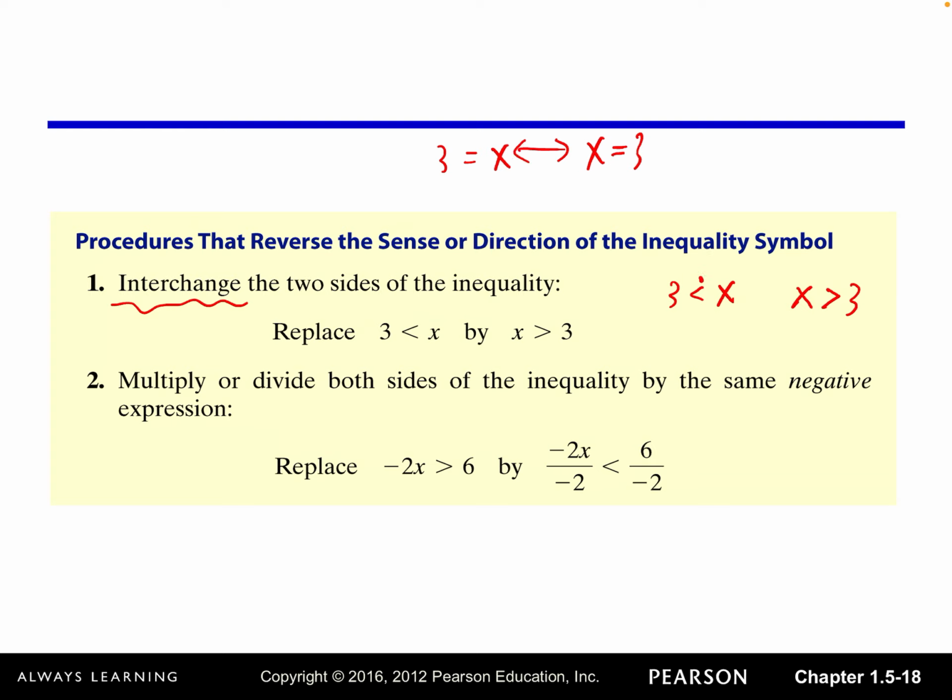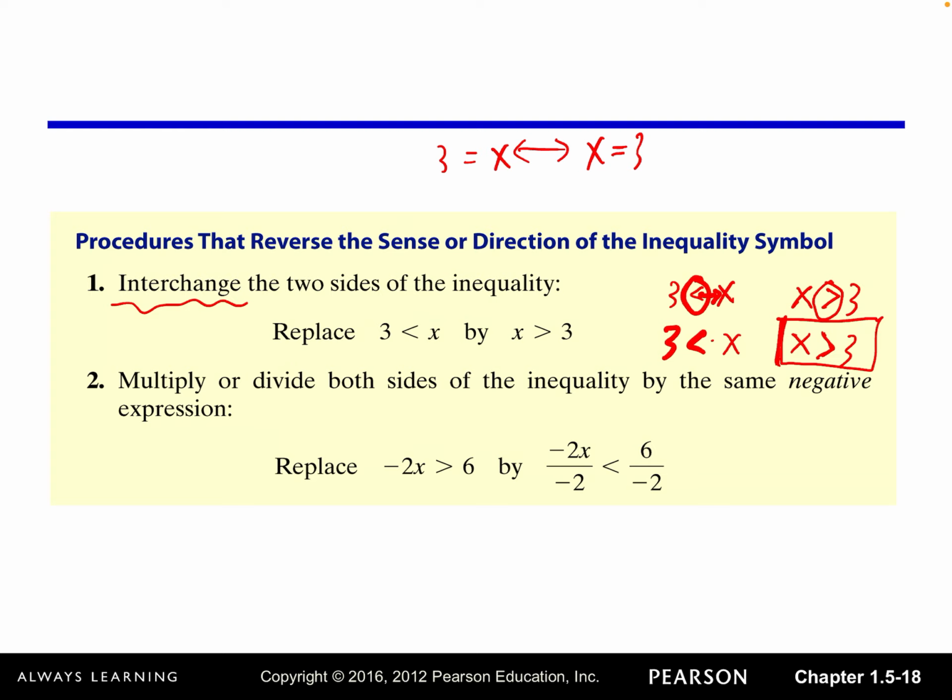But for inequality, the symbol has an opening, and the opening always needs to face the same thing. You see 3 less than x, the opening part faces x. So after you switch x to the left-hand side, the opening part should also face x. Does that make sense to you? If you can remember it this way, that will be fine.